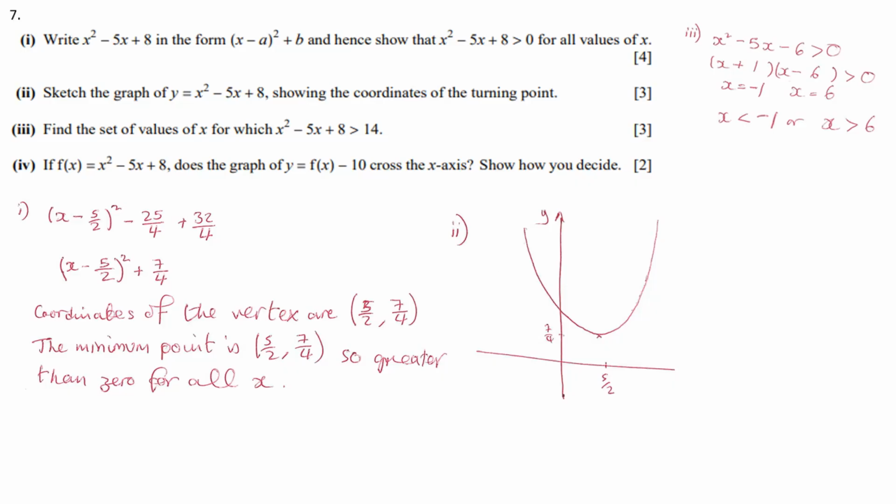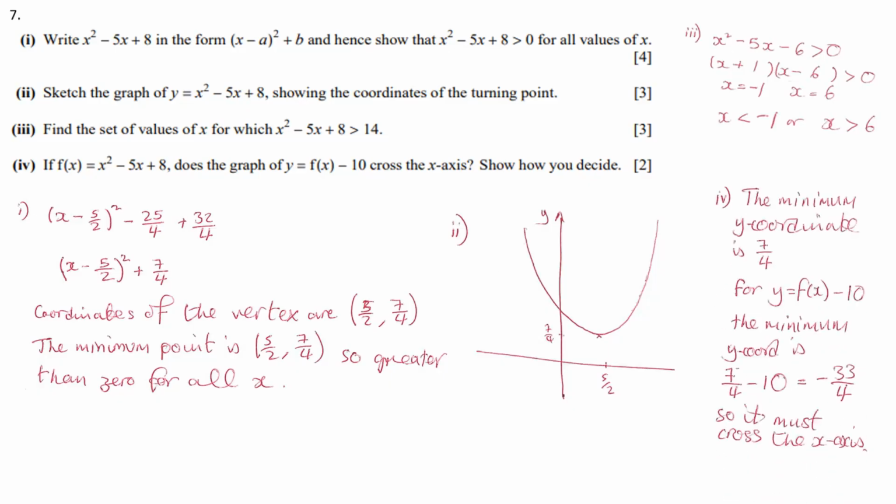And part 4, does it cross the x-axis, and show how you decide. So I just wrote a few things there. The minimum y coordinate is 7/4. For y equals f of x minus 10, the whole graph has moved down 10 units.